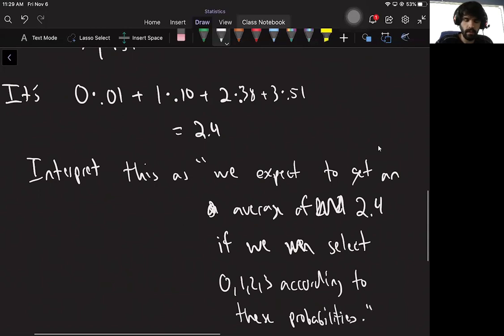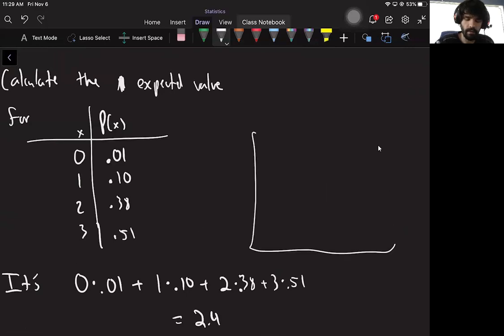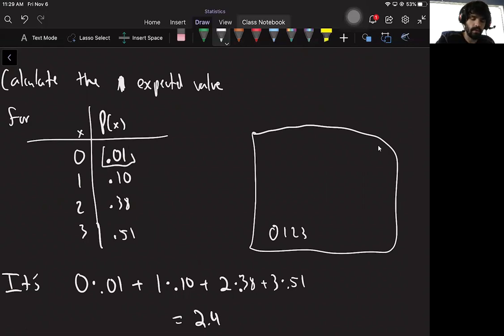So one way to picture this is if I had a bag of 100 numbers, and I made one of them be a 0, because only 1% of them are zeros, and I made 10 of them be 1s, I'm not going to do the rest, but I had 38 2s and 51 3s.